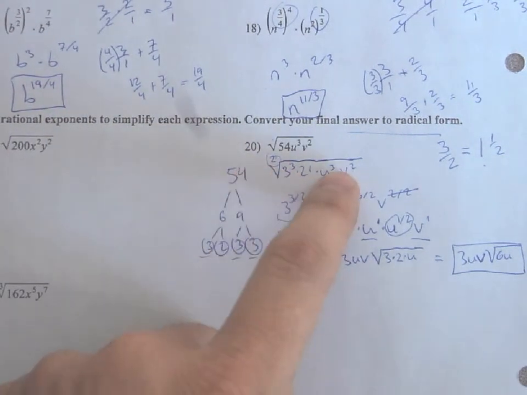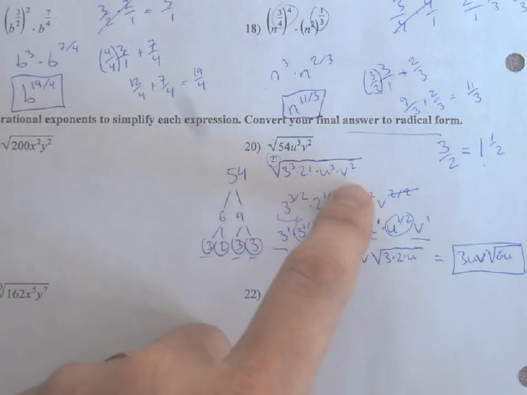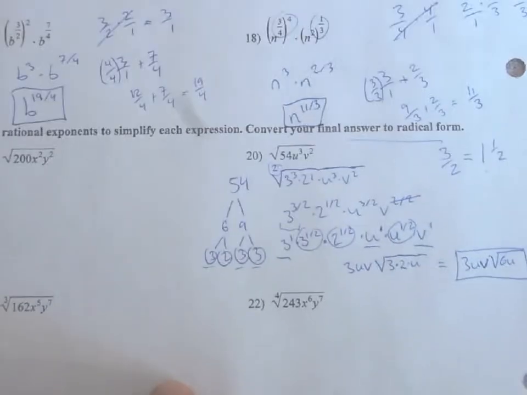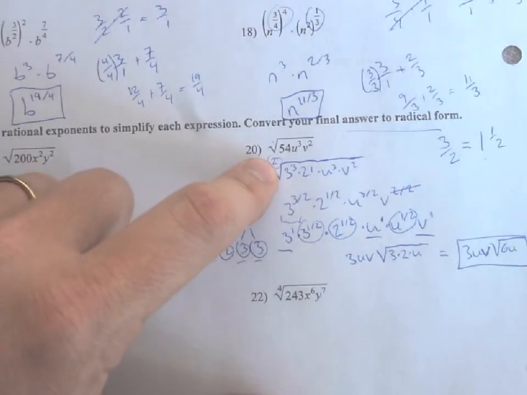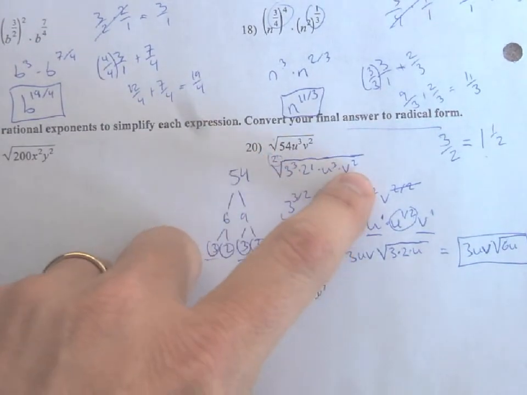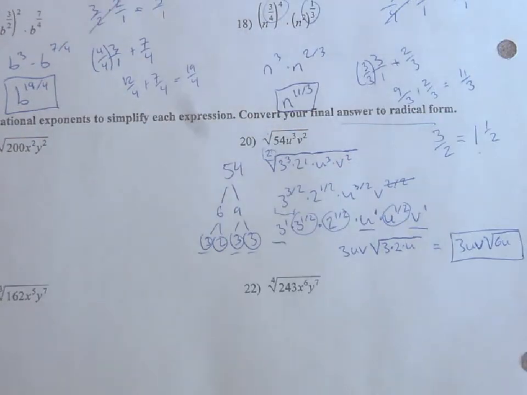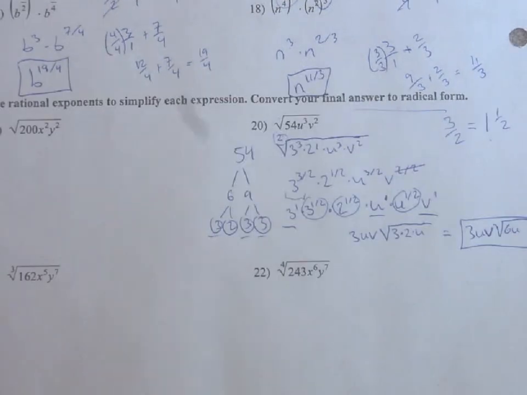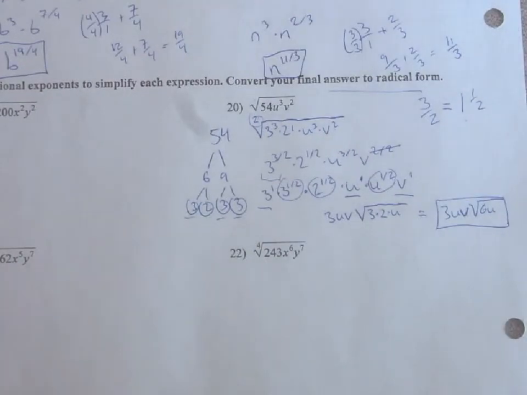And 2 is smaller than 3, so I'm definitely going to have a u on the outside. And 2 is the same size as 2, so I'm definitely going to have a v coming out. Remember that the square root, or the 2 root, is the inverse of the 2 power, and so those kind of undo each other. So just another way to think about it. And when somebody asked me today, well, how do you do it normally? I kind of do a hybrid.